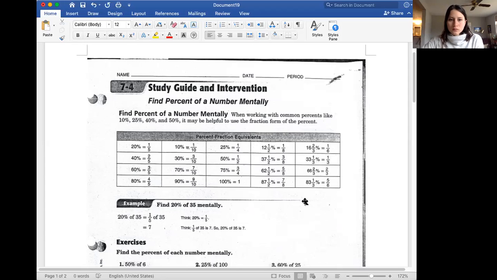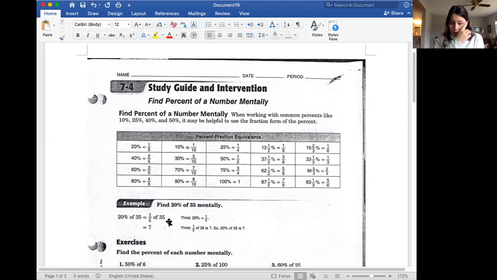So this lesson focuses on figuring out what a percentage of a number is mentally. And so the way that this book teaches you is by turning the percentage into a fraction and multiplying that fraction by the number, or finding the fraction of that number.